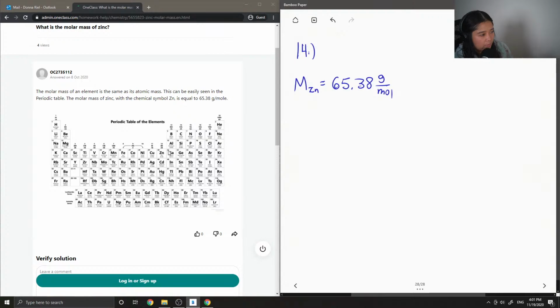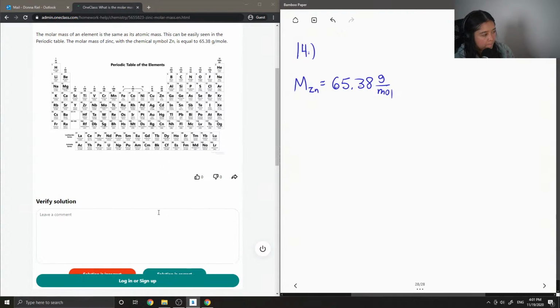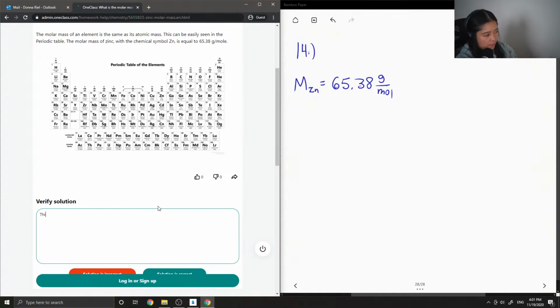So atomic numbers are found on the top left of each of their individual boxes. So the atomic number of zinc is 30, so that means it has 30 protons. And its atomic mass is the number at the bottom here, so it's the 65.38. Okay, so I'm going to say that this solution is correct.